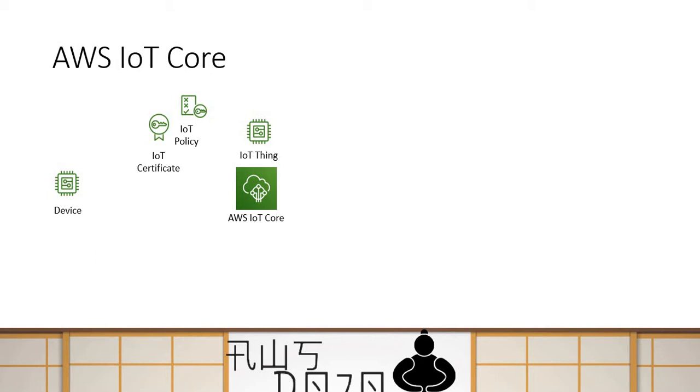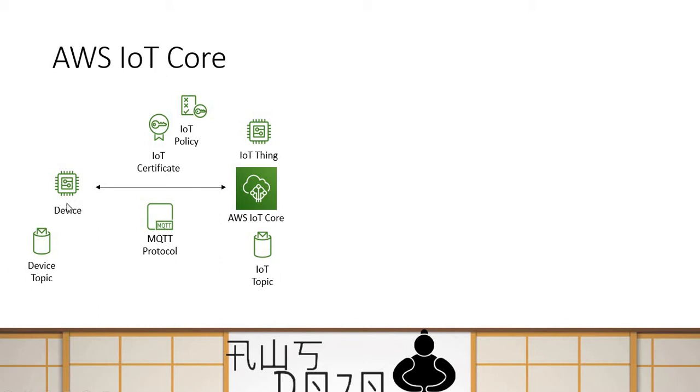Once you have this configured, the device can use the MQTT protocol to talk to AWS IoT Core, and for communication they use the publish-subscribe model, which works with topics. So for instance, IoT Core will have some topic, and the device will have its own topics.